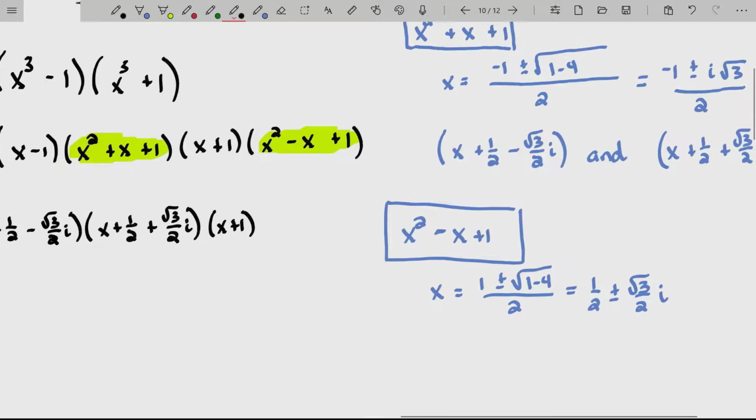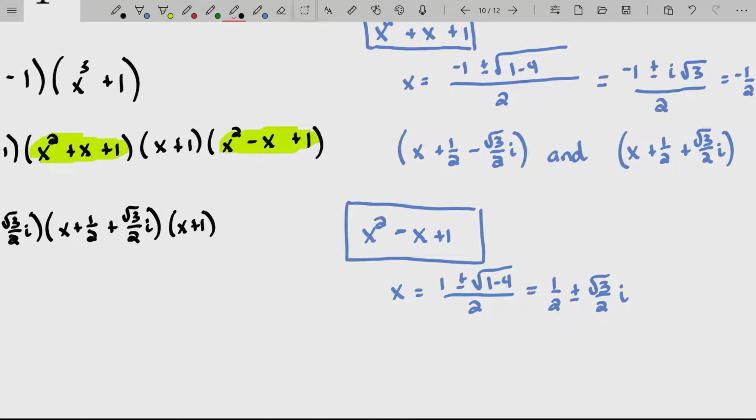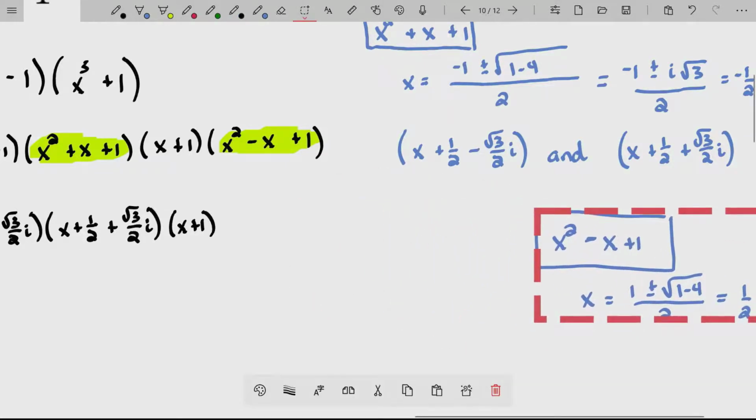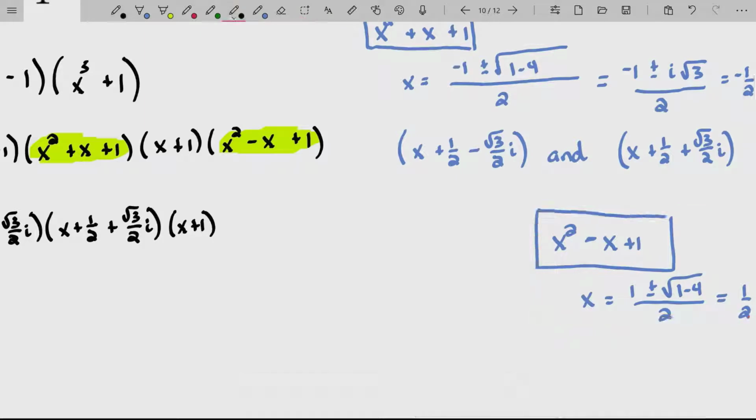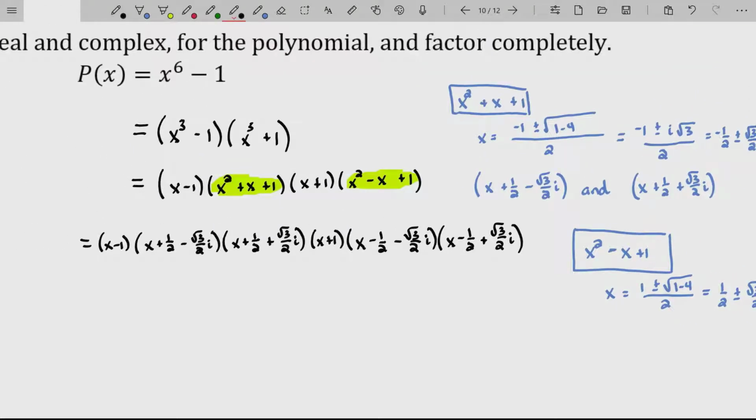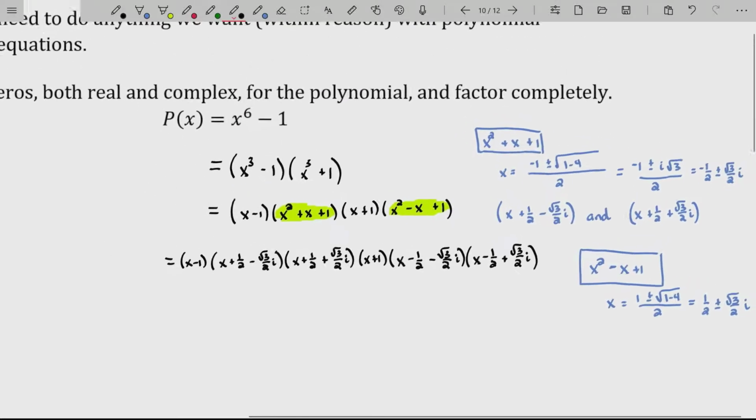Then we had the x plus 1, and you can see I'm beginning to run out of room, so I'm going to just loop up this stuff right here and move it over, get it out of my way, and finish this out. This is going to be x minus 1/2 minus root 3 over 2 i, and x minus 1/2 plus root 3 over 2 i. That is the complete factorization of x to the 6th minus 1.